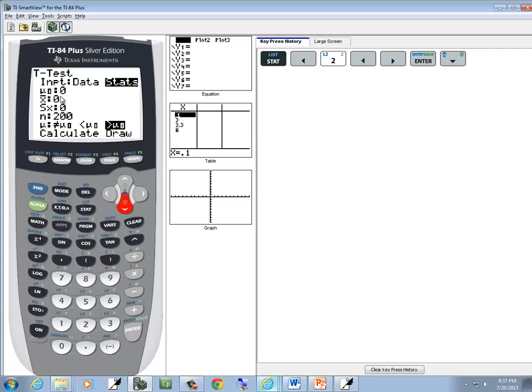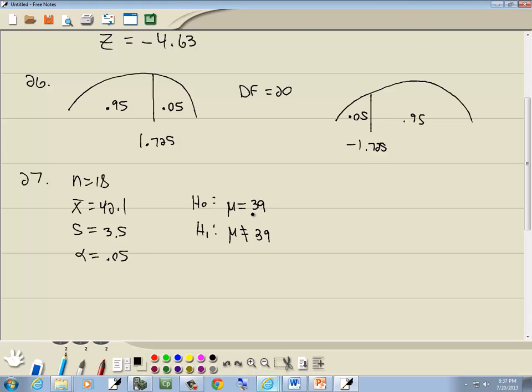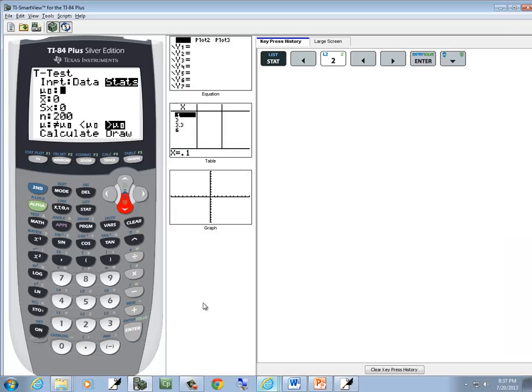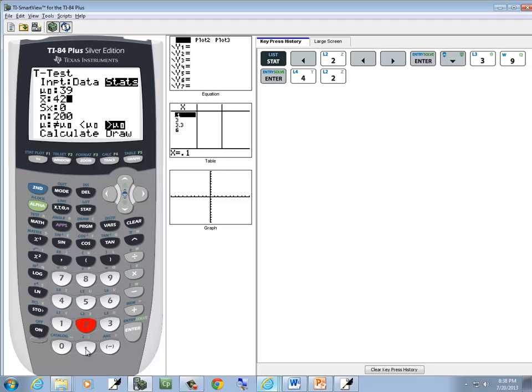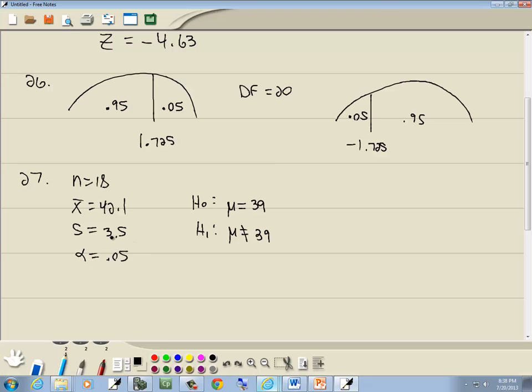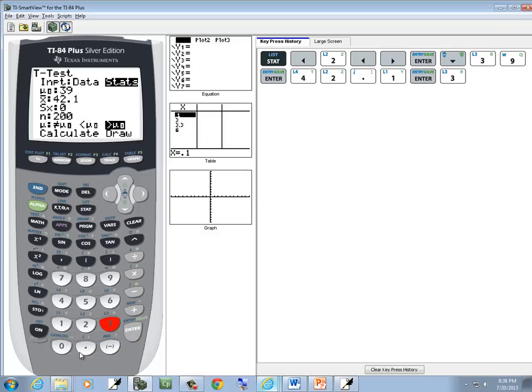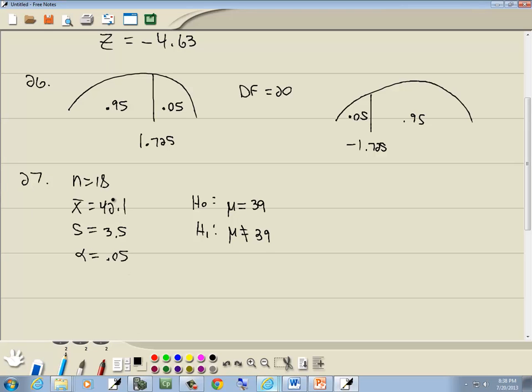Now mu naught, this is a number off of our claim, off of H naught, H1, which is 39. X bar was 42.1. SX, that's our sample standard deviation, 3.5. N, which was 18.